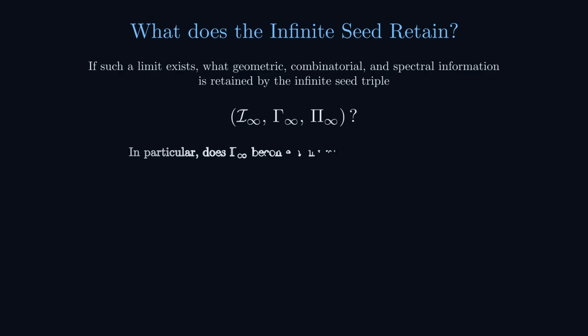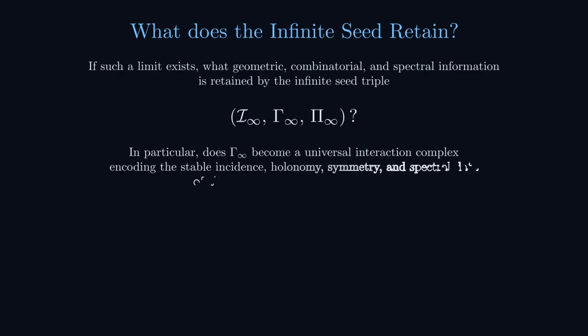If such a limit exists, what geometric, combinatorial, and spectral information is retained by the infinite seed triple? Does gamma sub infinity become a universal interaction complex encoding the stable incidence, holonomy, symmetry, and spectral data of all finite dimensional cubical seeds?